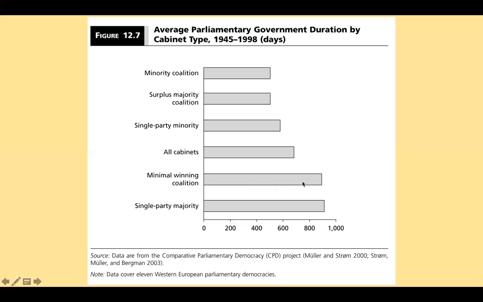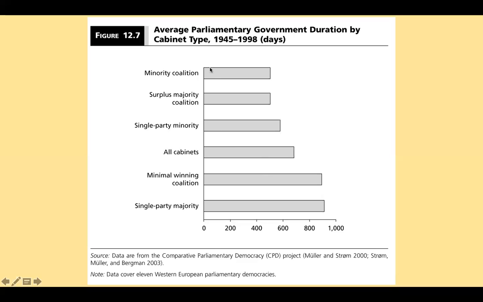But they don't survive as long. And it's because you're going to have multiple parties in the coalition and in the government, and so it's less durable because you're trying to carry out more negotiations and satisfy a wider, more diverse set of interests within the coalition.